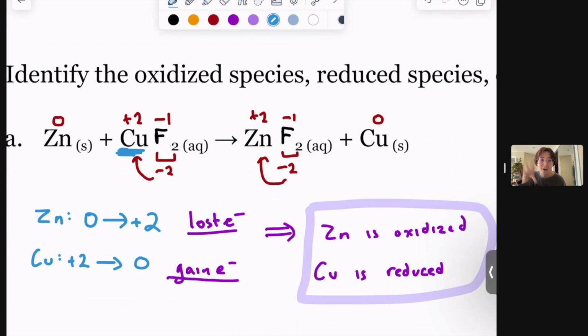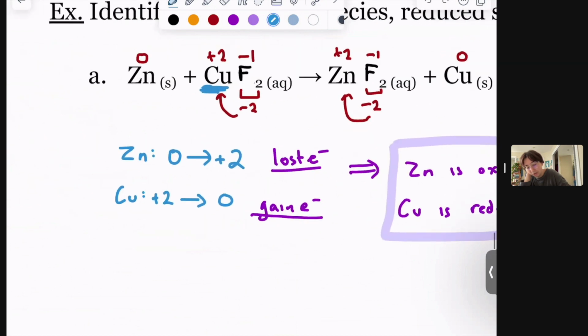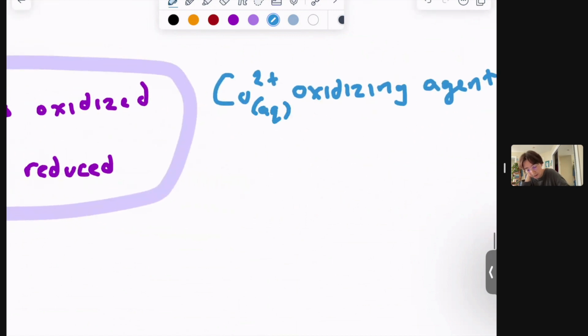And not just the element copper, the ion copper gained electrons and became solid copper. Similarly, when I look for what reduced my copper, it's going to be specifically my solid zinc. Oh yeah, I guess sometimes we want to be super specific, like say exactly what thing it was. So our ion in solution was our oxidizing agent, and our zinc solid was our reducing agent.